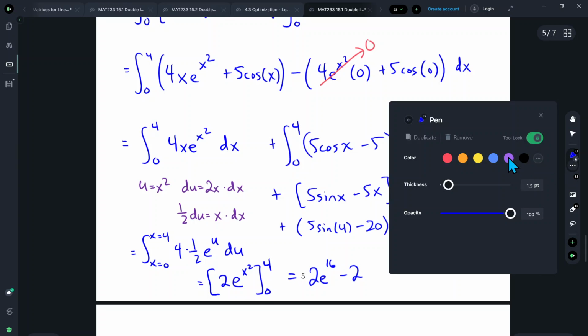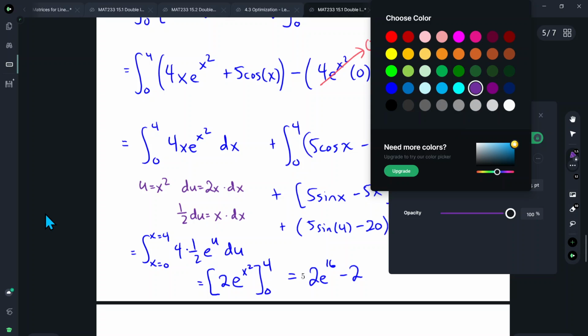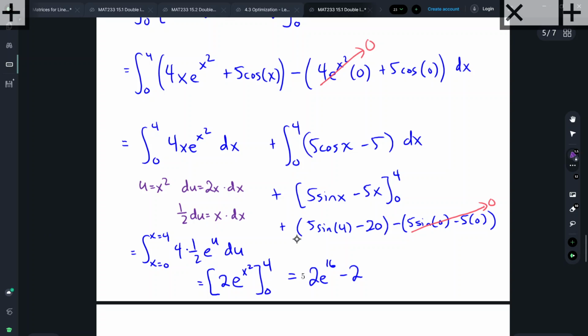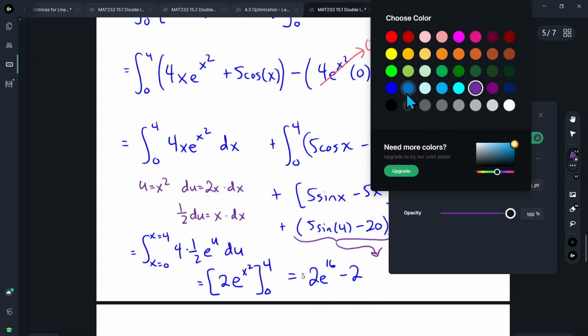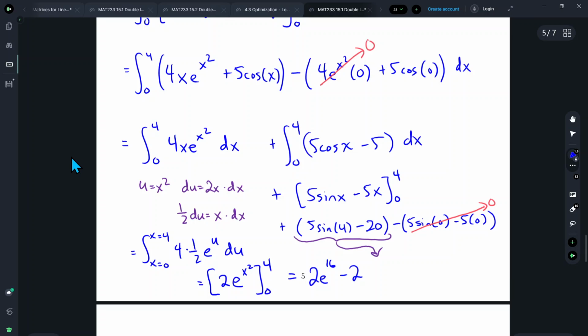Because I don't want to forget this part here still needs to be calculated. Okay, so I still have plus 5 sine of 4 minus 20.